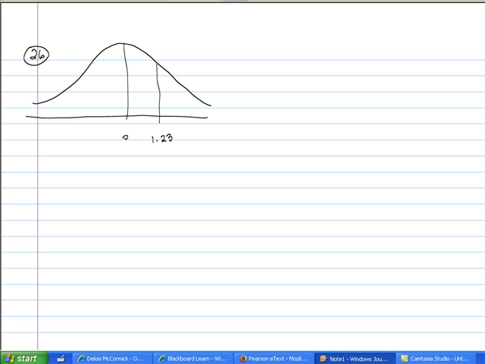We are continuing to work on the sample problems for section 6-2, and right now we're on exercise 26, and we're trying to find the area between 1.23 and 2.37.